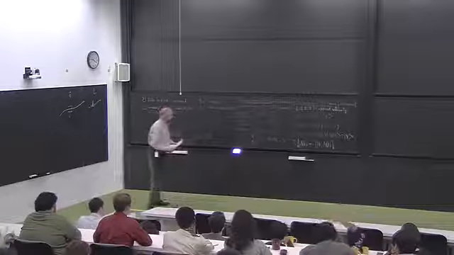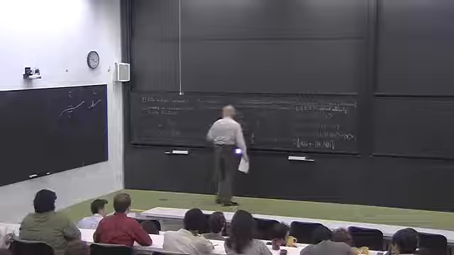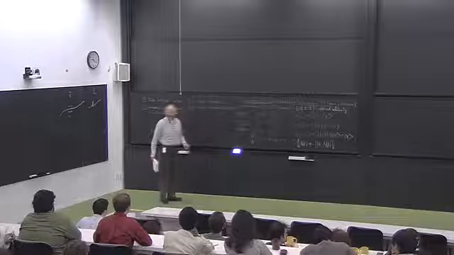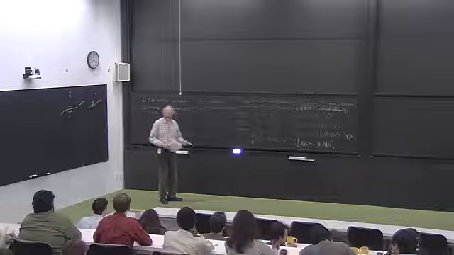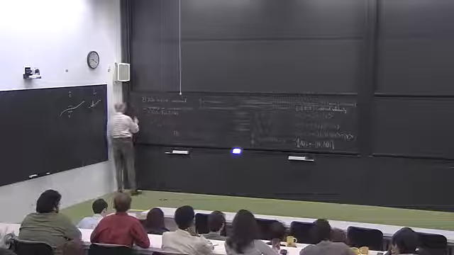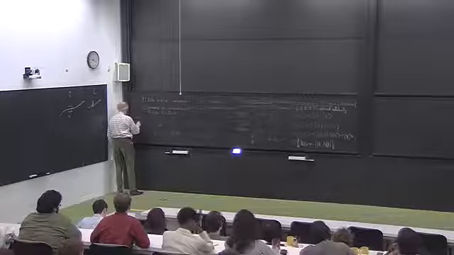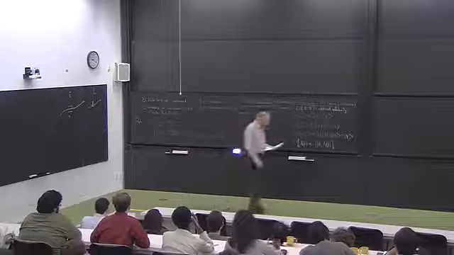We'll have to be a bit careful when the Hamiltonian depends on time. Then you have to take into account partial and total derivative. But here, H is time independent. So everything is okay.